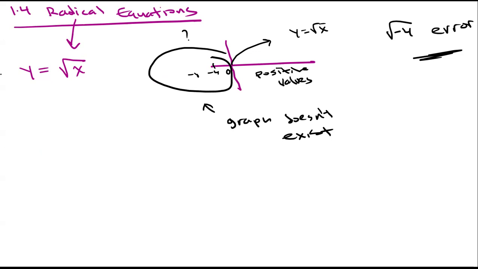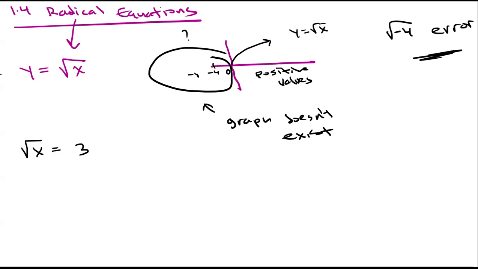Now let's say we have the square root of x equals 3. What's happening here? How many equations do you see? Is it two?